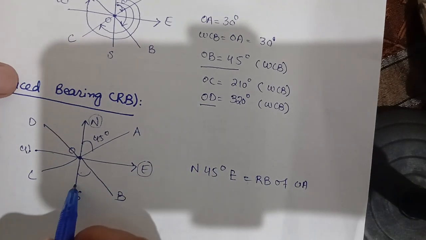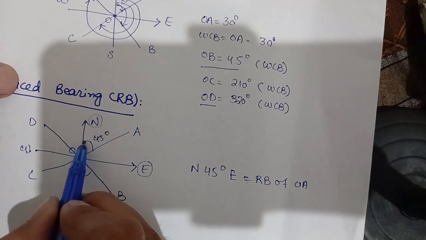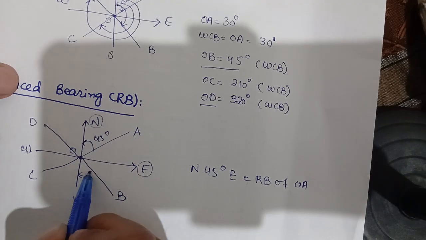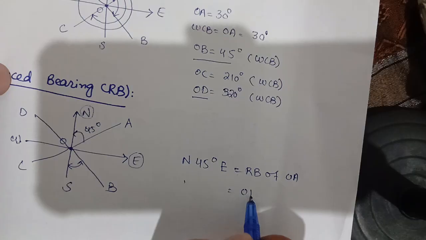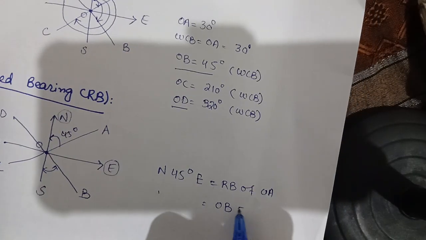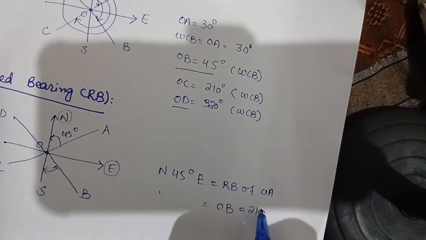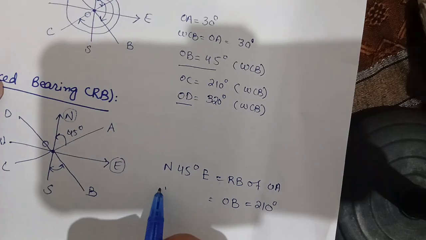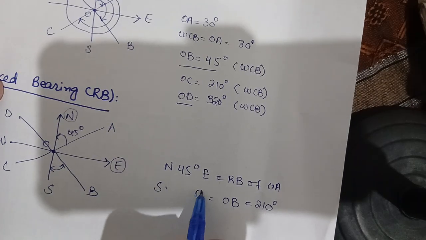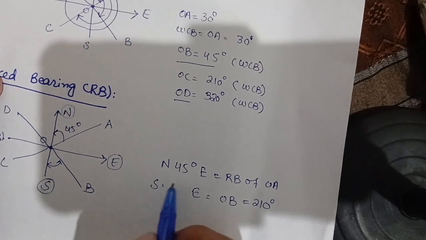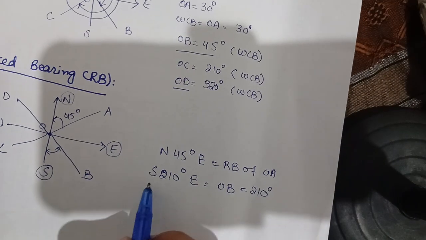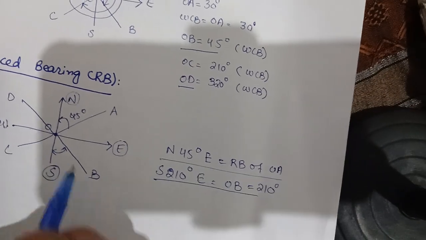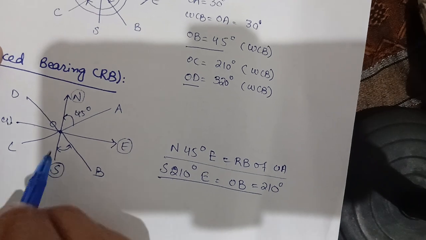Similarly, if I measure this angle in either clockwise or anti-clockwise, for example this line OB is equal to 210 degrees, then this angle is between south and east quadrant and the angle is written in between them, so this is the reduced bearing of this line OB.